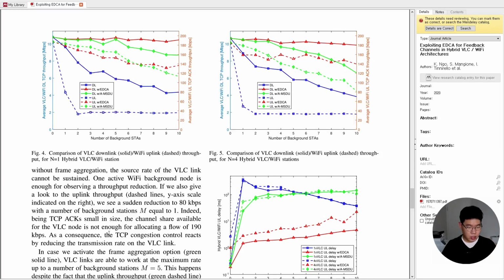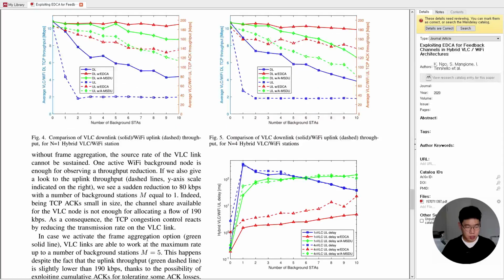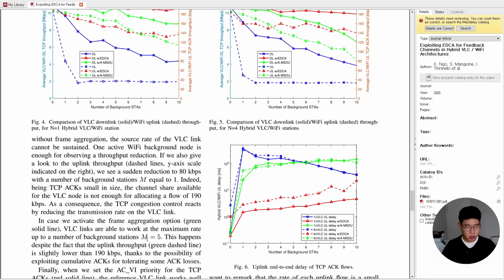In case we activate the frame aggregation option, green solid line, the VLC link is able to work at the maximum rate up to a number of background stations M equal to 5. This happens despite the uplink throughput, green dashed line, being slightly lower than 190 kbps, thanks to the possibility of exploiting cumulative ACKs for tolerating some ACK losses.